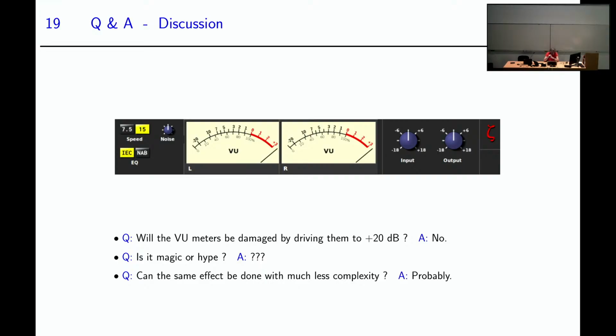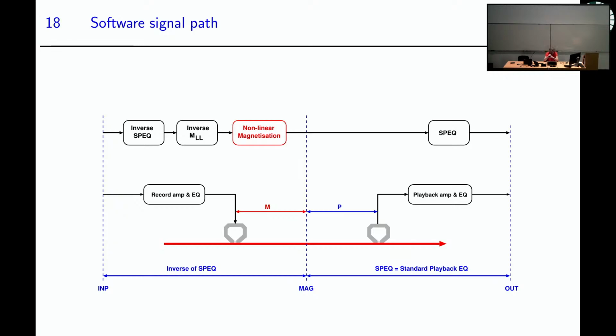Okay, so more or less at the end here. No, sorry. So, how does it look in software now? We had this nonlinear process which defines the magnetization, which has this high frequency loss, so we need to compensate that with an inverse filter.